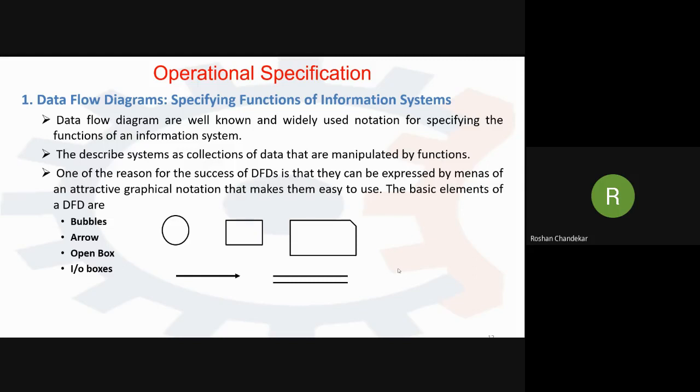So what is the use of DFD? It describes a system where we collect data and information and manipulate that information by means of functions, by making the diagram. The data can be organized in several ways.